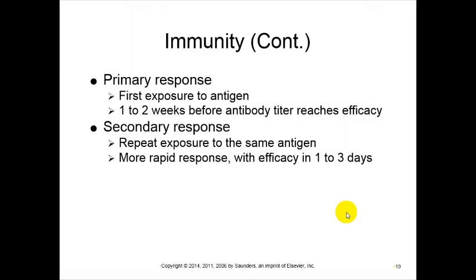That's the first response. The second response, due to our memory B cells or memory T cells, is more rapid, and we typically can have efficacy in 1 to 3 days. And we might not even know that we were reinfected with that same antigen. Okay, this is one of the things we try to get as that primary response when we do vaccinations.